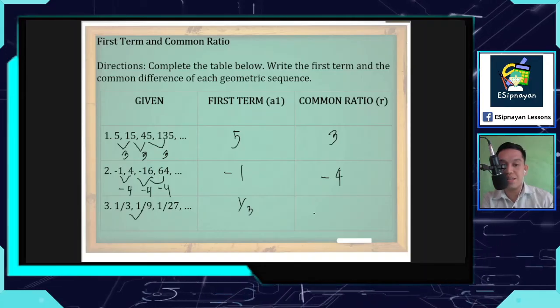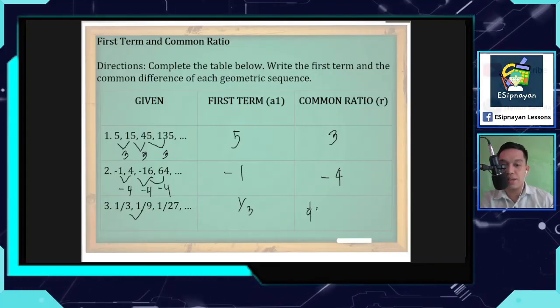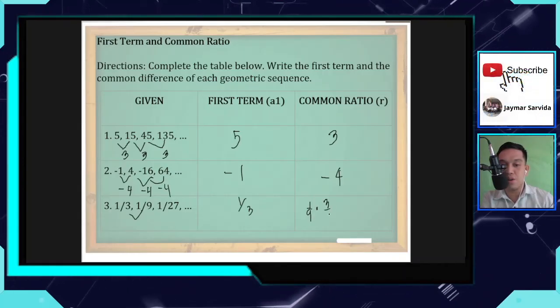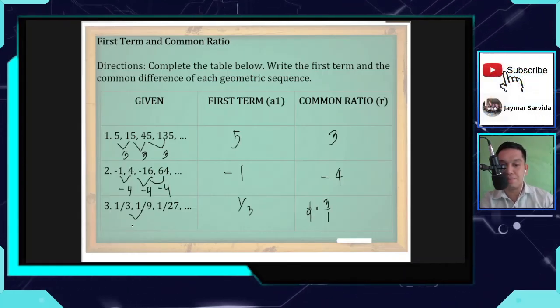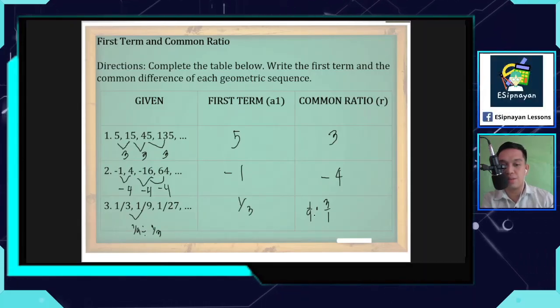So, madali lang yan, class. Ano lang natin? 1/3, okay, 1 over 9 times 3 over 1. Kasi divide yan eh. 1 over 9 divided by 1/3. Okay, divided by 1/3. So, since division yan, kukunin mo yung reciprocal ng ating divisor, which is itong 1/3.